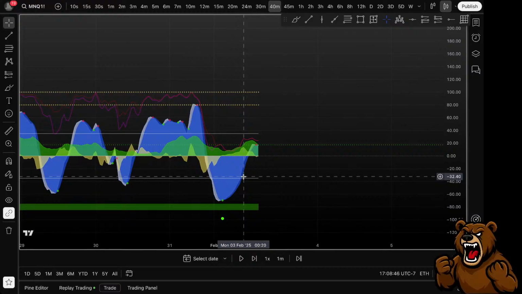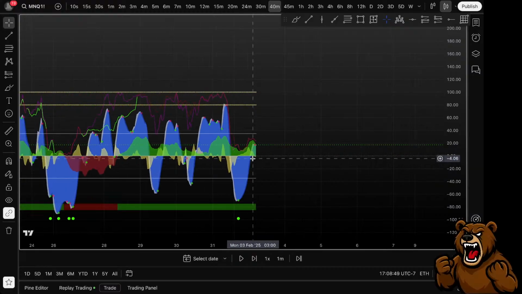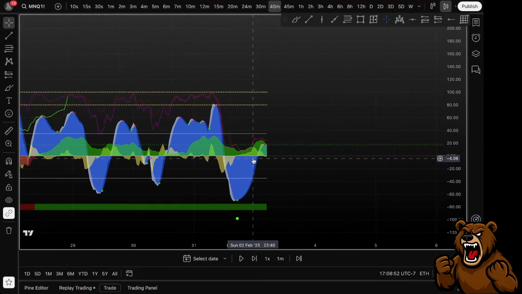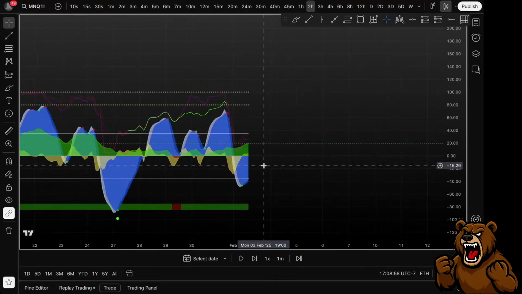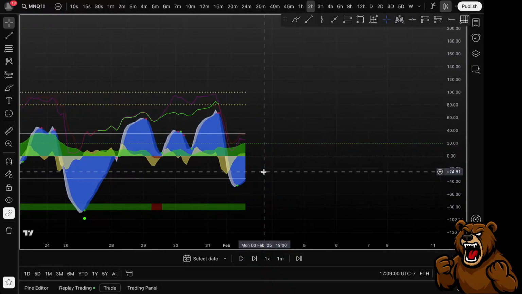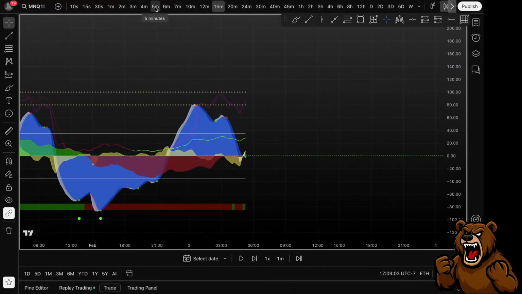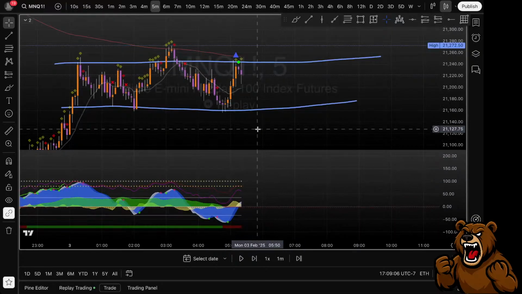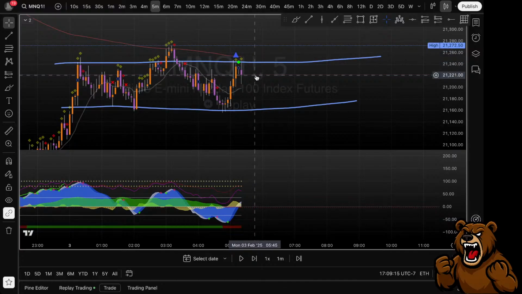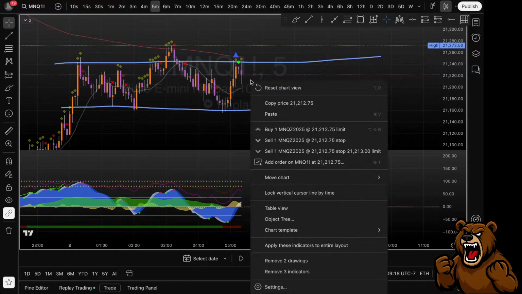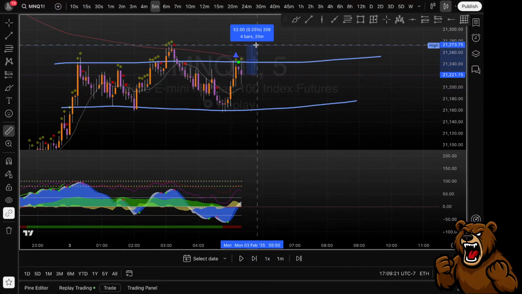I think we're running with the bears, just so y'all know. We could probably short that right there. Risk 1200.